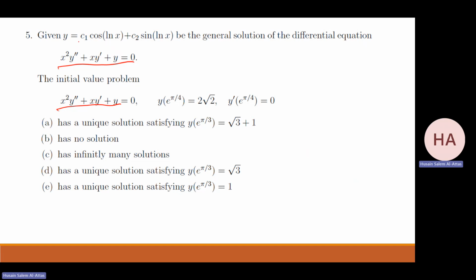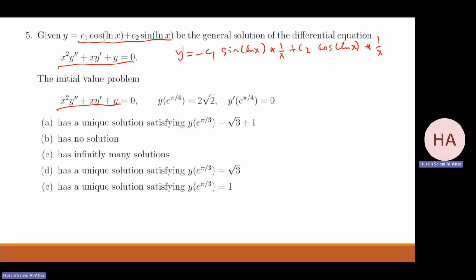So this is the solution and this is the condition. So I need y prime. y prime will be what? Minus C1 sine of ln x times 1 over x plus C2 cosine ln x times 1 over x. Okay.